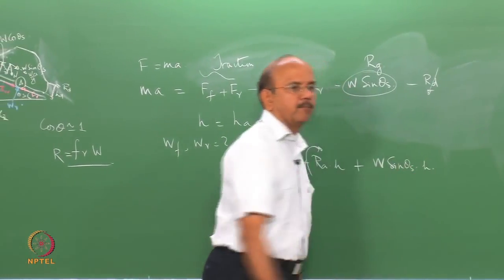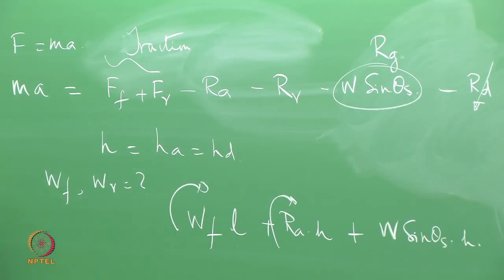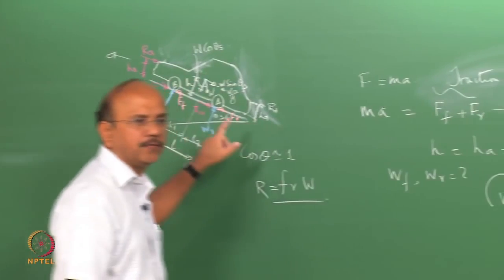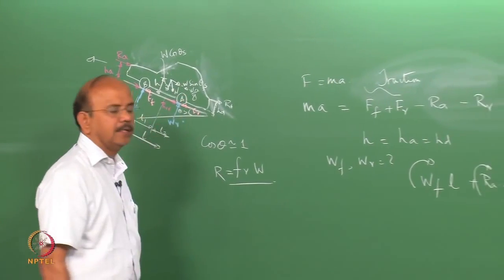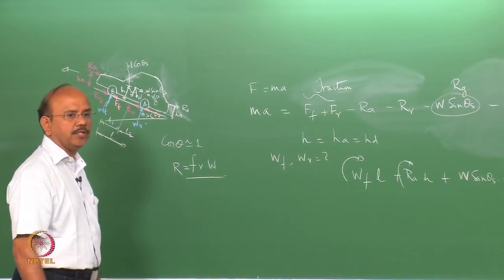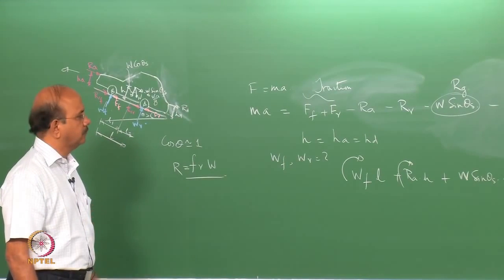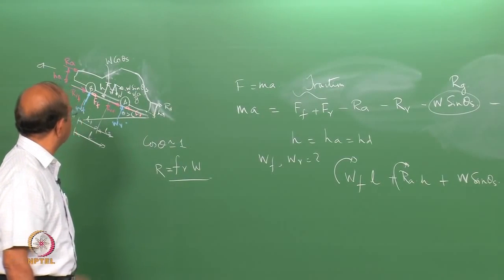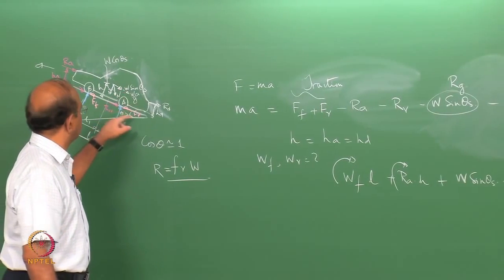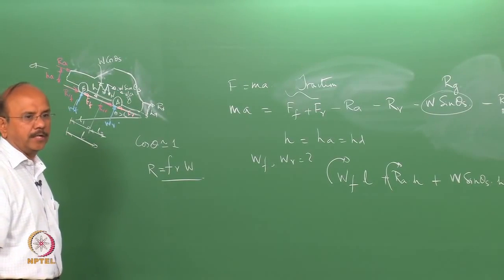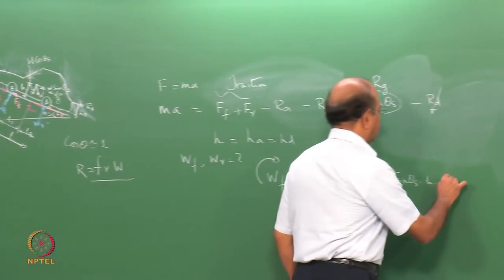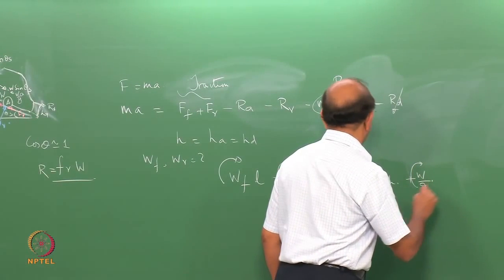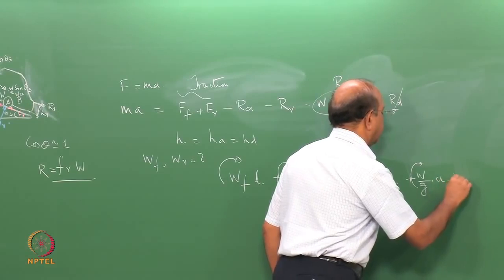into h. Now, I am going to replace this Ma, that is this force, by means of a D'Alembert's force, which is W by g into a. When I replace that, then that is also in the clockwise direction. So, W by g into a into h.